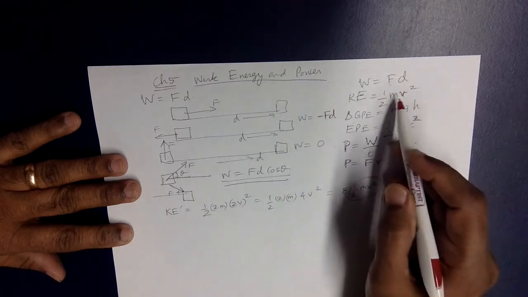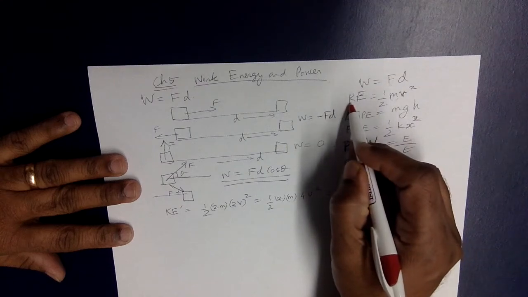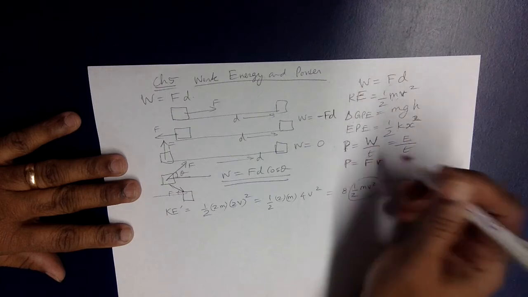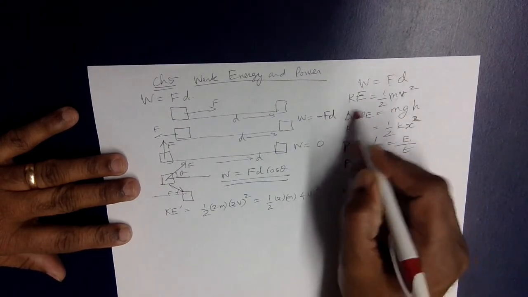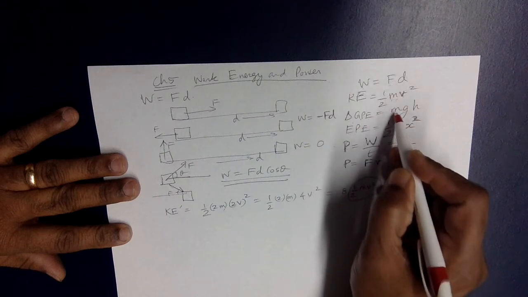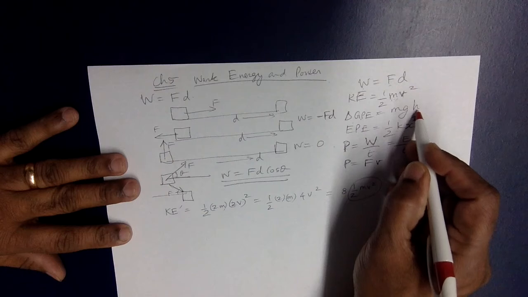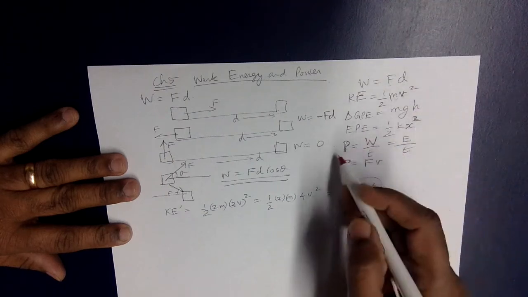So you should be able to compare and see what happens to the kinetic energy in case of such changes. Potential energy is also measured in joules. Mass again must be in kilograms. g is 9.8. Height should be in meters. So if you're given height in centimeters, you should change it to meters.